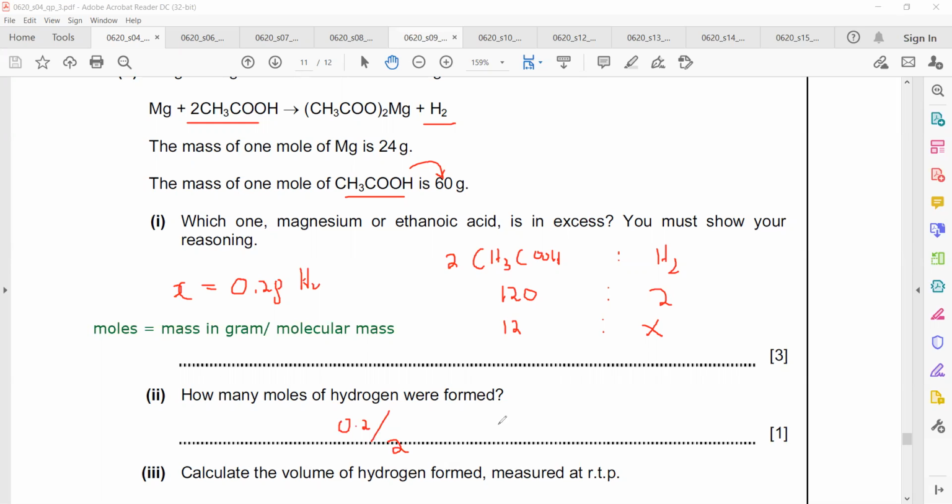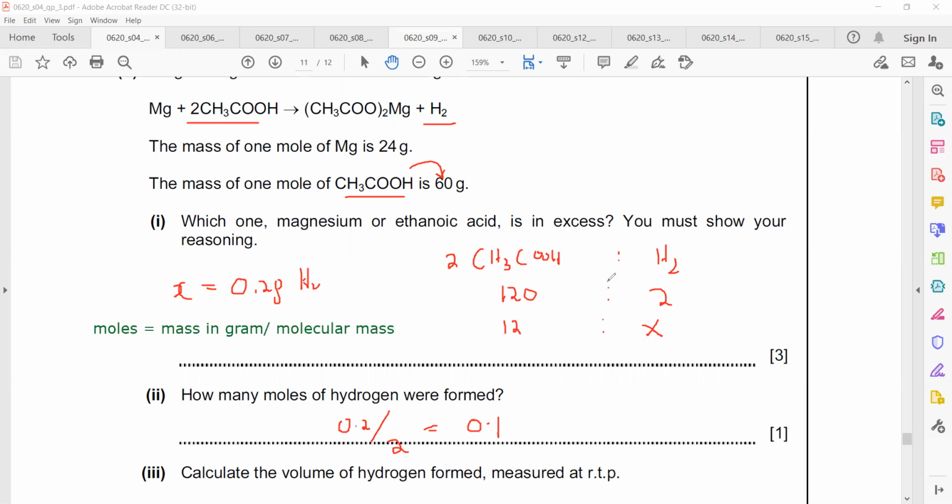So 0.2 divided by, why 2? Because the hydrogen molecule is H2. So 0.2 divided by 2 equals 0.1. Is this part clear? How many moles of hydrogen form?